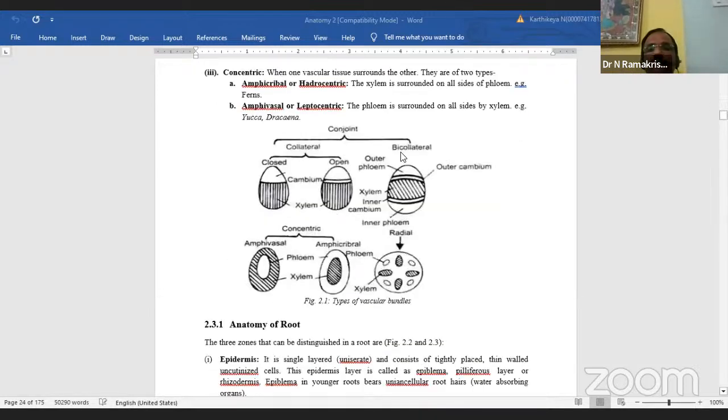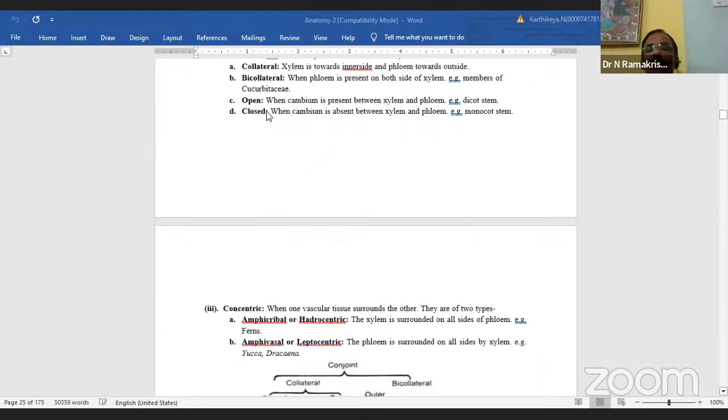The next one is bicollateral. What is bicollateral?